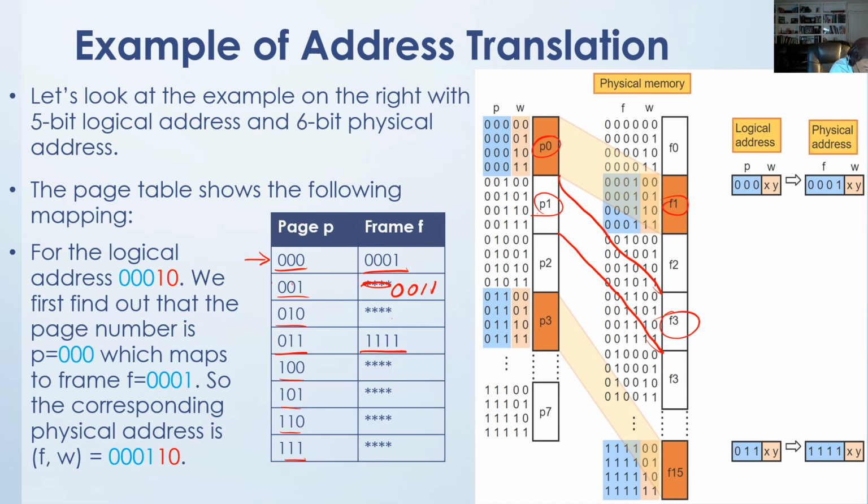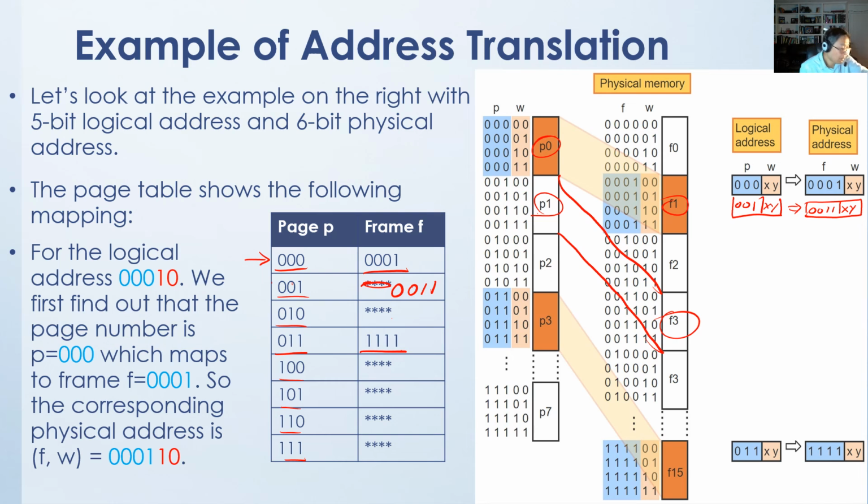So that means XY is going to map to 3, that's 0, 0, 1, 1, x, y, right? We should reflect that change.